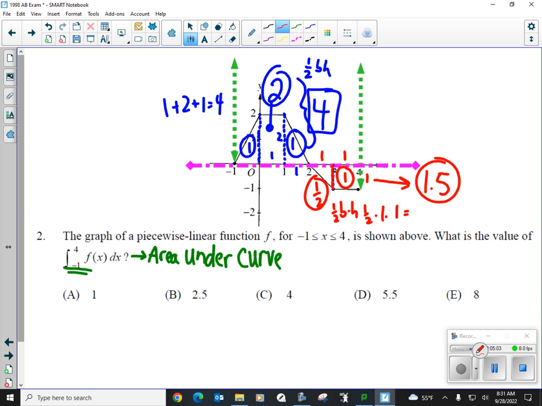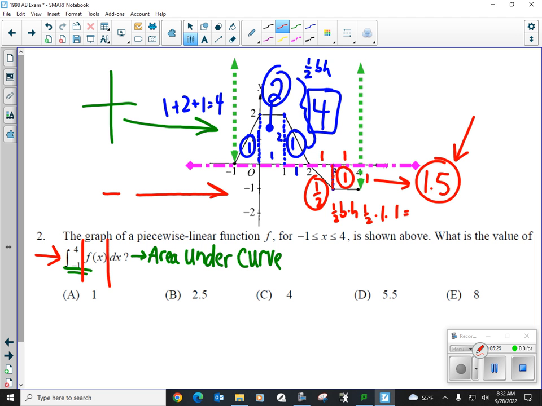Now, the important thing to know about integrals is the following. Anything above the x-axis should be considered positive. Anything below the x-axis should be considered negative. It's like displacement versus total distance. If they wanted you to count this 1.5 as positive, they would have put absolute value bars here somewhere.